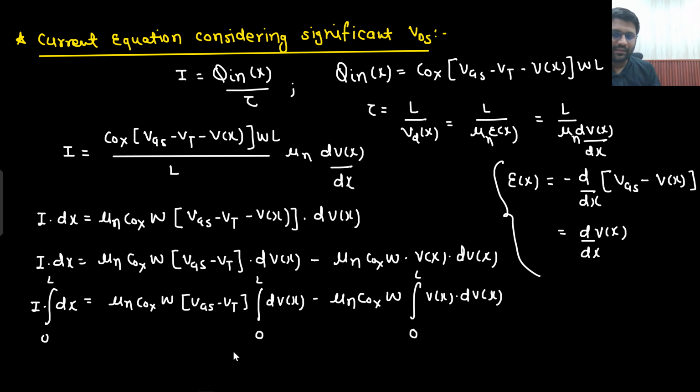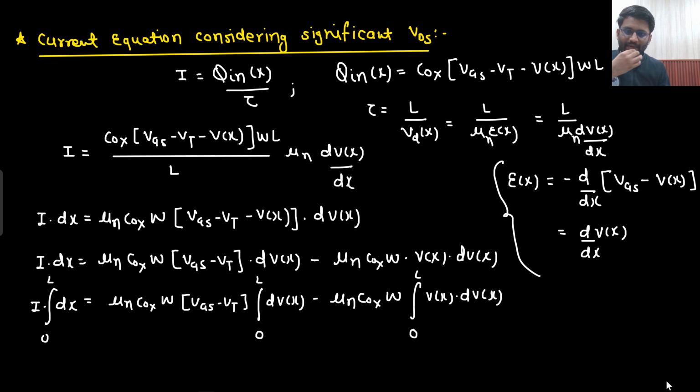Is that clear? So what will this integration be, sir? It will simply be I into L, right? Because the integration of I dx from 0 to L: integration of dx would be x, from 0 to L, minus 0, will be L. What will this integration be, from 0 to L of dVx?